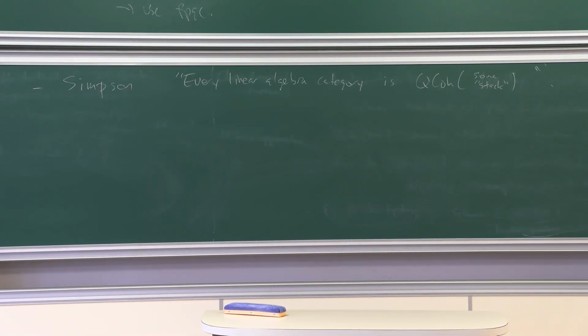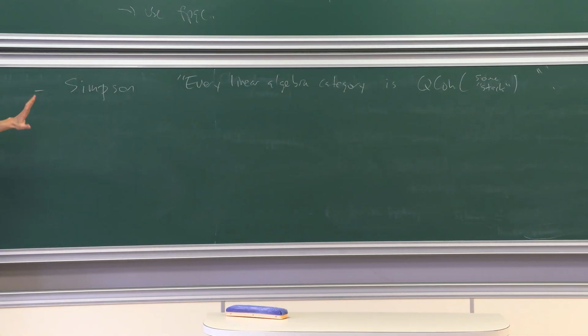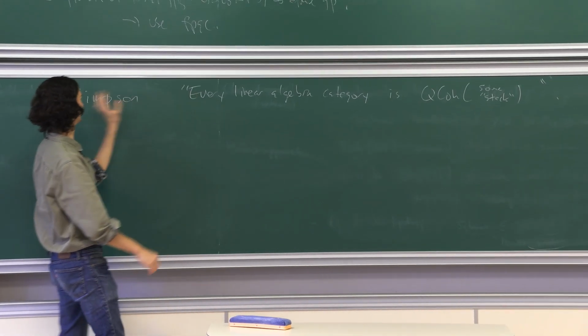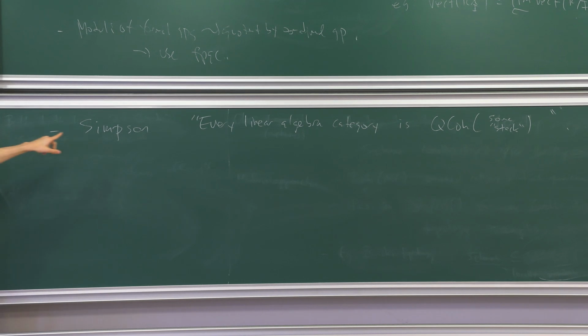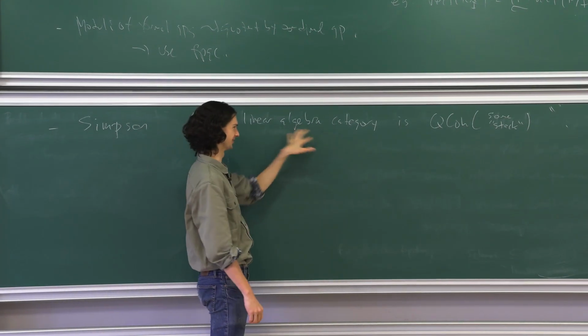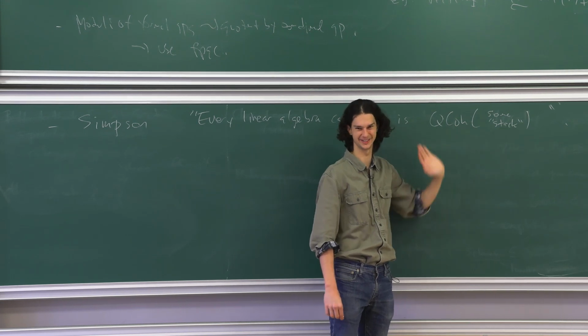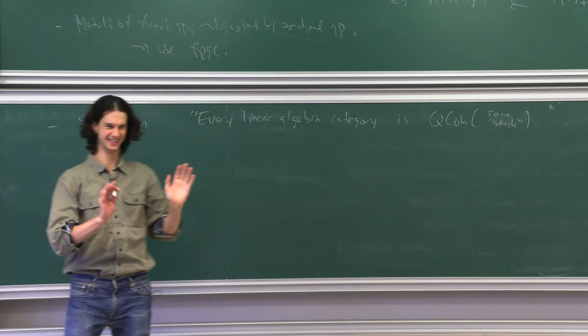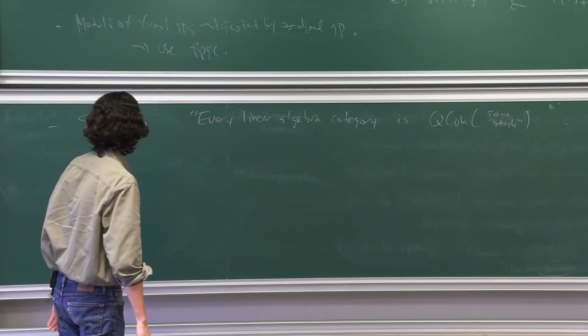And I'm sorry, I don't mean to say that Simpson exactly said this. But his work was giving lots of examples of this kind of phenomenon where you have a natural linear algebra category, and it turns out you can write down some stack whose quasi-coherent sheaves are that thing. This is my interpretation. I'm stating something much too strong to be true, but it's just a heuristic to keep in mind.